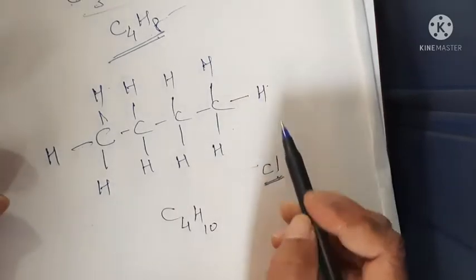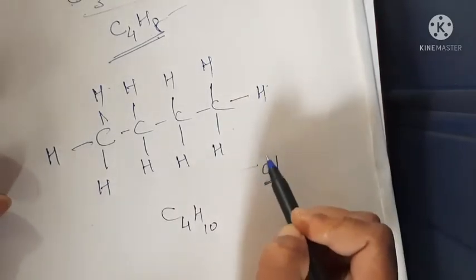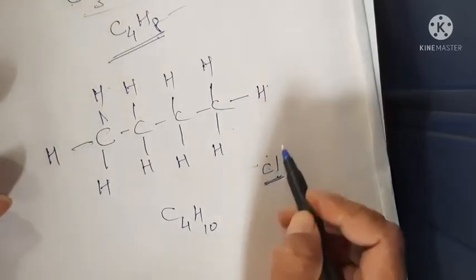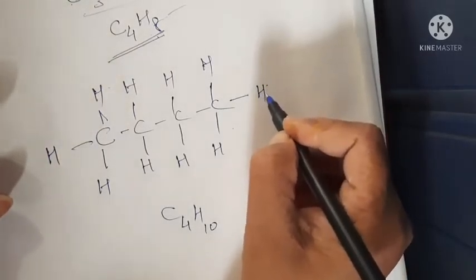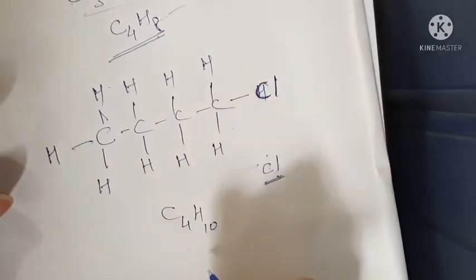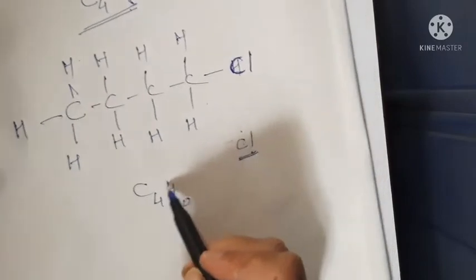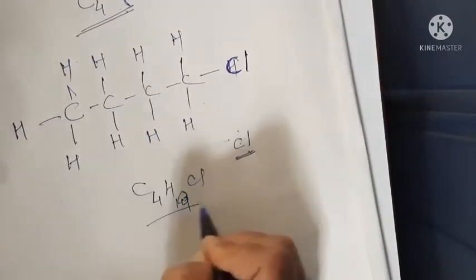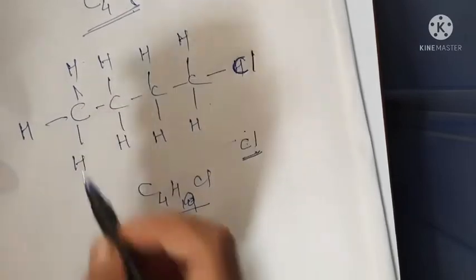So what do I have to do? And you know chlorine will share 1 electron like hydrogen only. So in that case, I'll have to remove this hydrogen. Okay, and after removing this hydrogen, I can write chlorine. But here also the formula will change. It will be C4H9Cl.